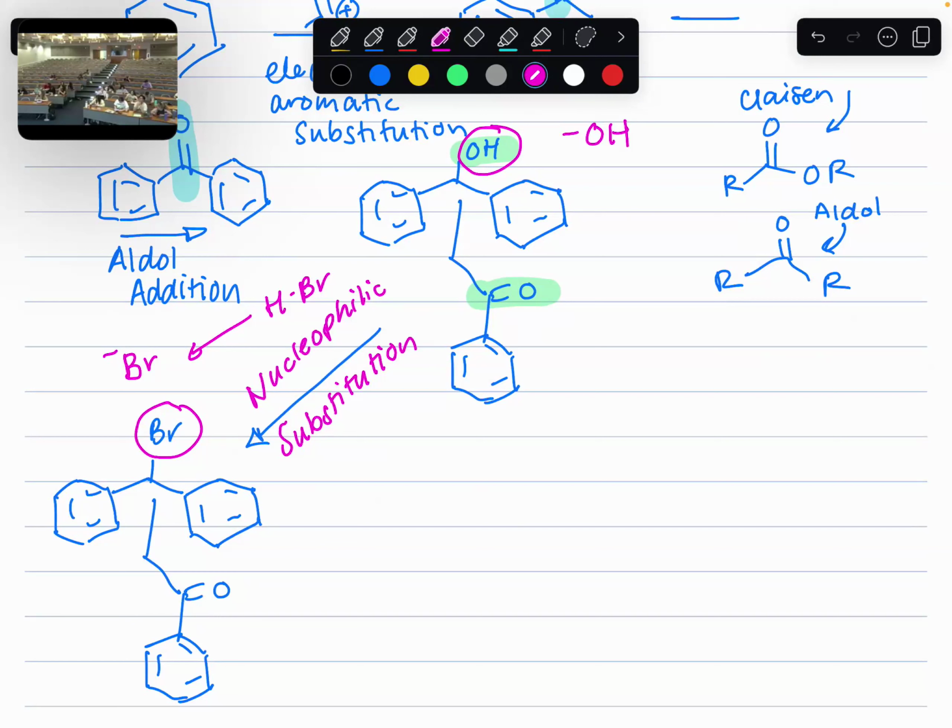So nucleophile just means electron rich. So basically anything that has a negative charge, you can consider a nucleophile. Some examples of nucleophiles: you have SH, NH2, OH when they're attached to other things, because all of these three can be deprotonated.